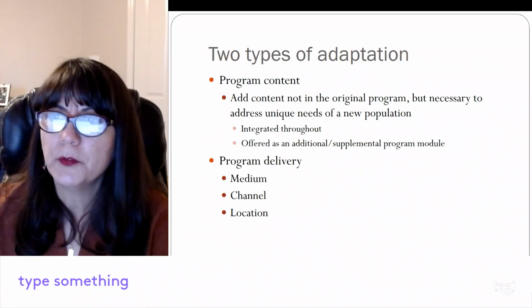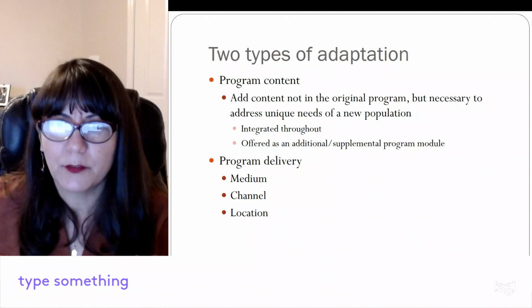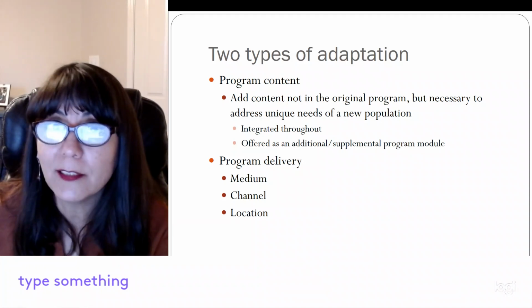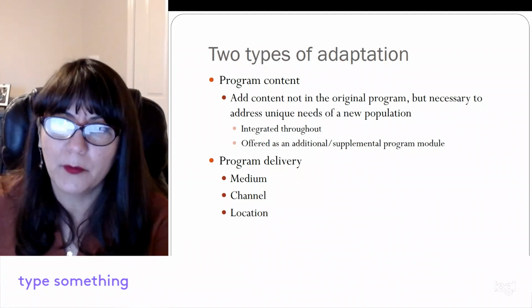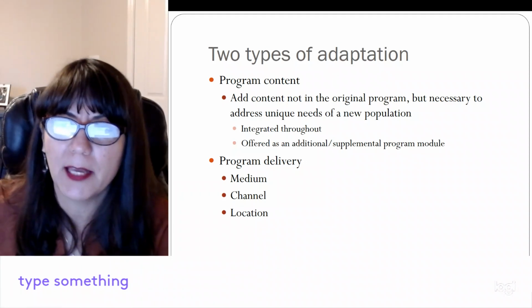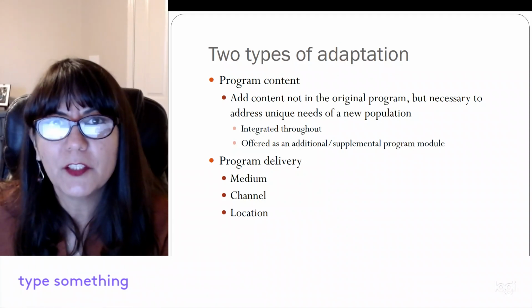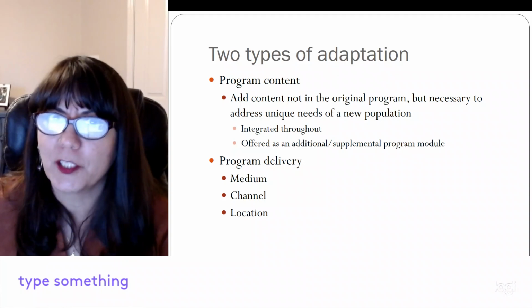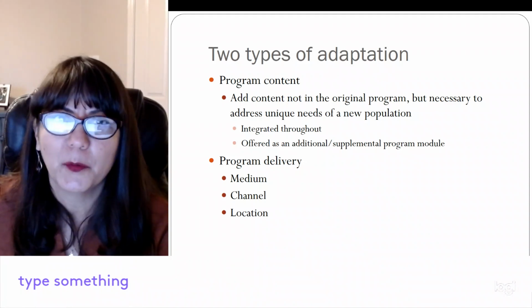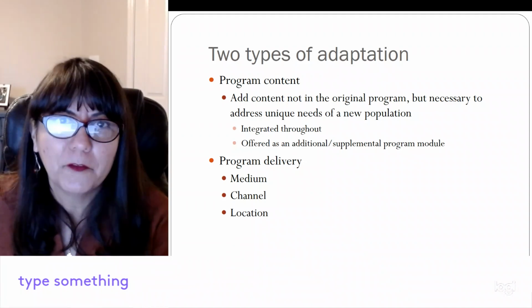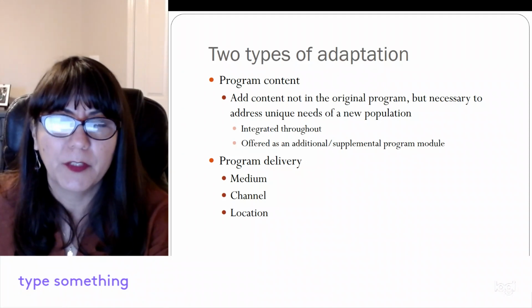They describe two types of adaptation. One is adapting the program content, the way we just talked about with those three dimensions of adaptation. But there's also the adaptation of how you're going to deliver the program. So, what's going to be the medium for delivery? Are you going to deliver it via computer?